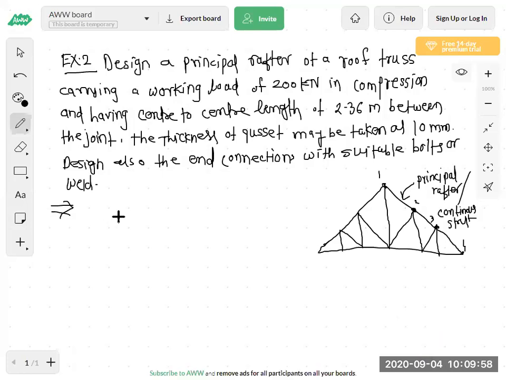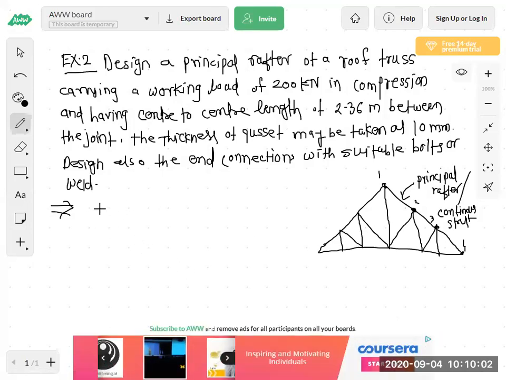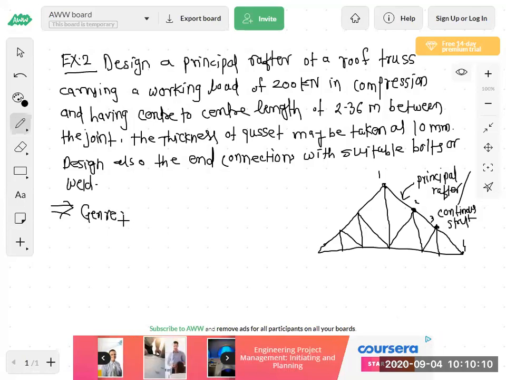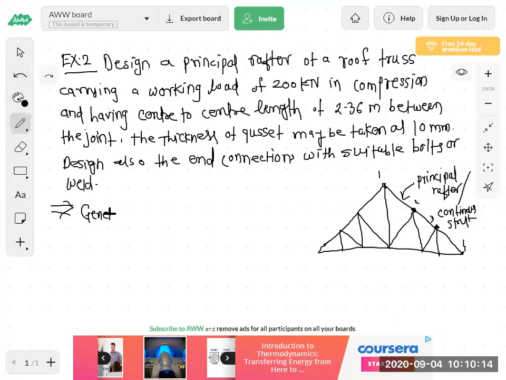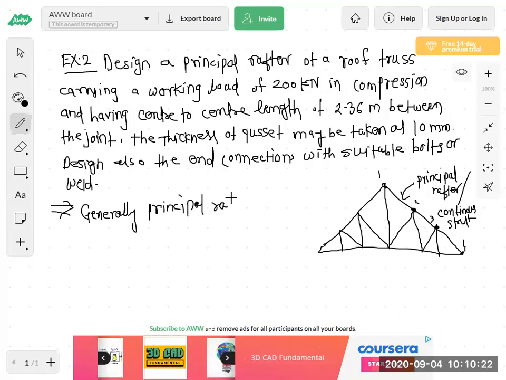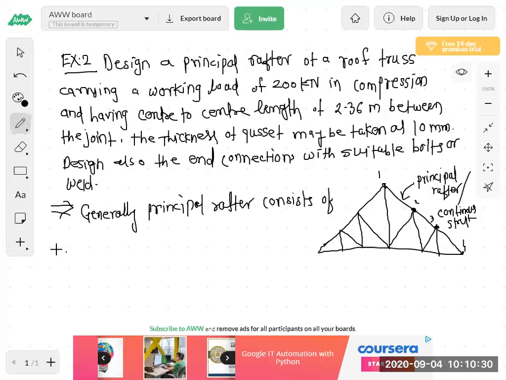So write down one sentence, everyone please write down. Generally principal rafter consists of continuous double angle strut.